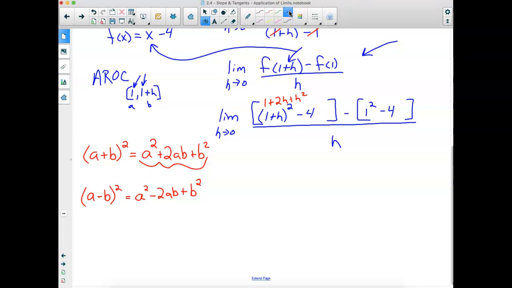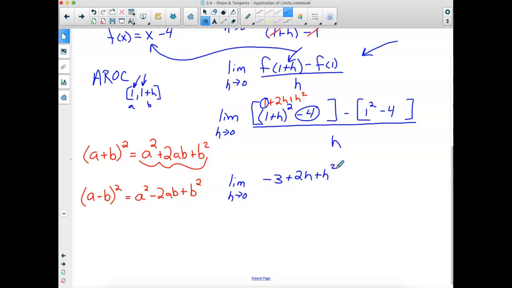I'll always do a lot of my math on top of my parentheses there so that I can look at the limit as h approaches 0 of, and I can see I can put my 1 and my minus 4 together, so I really have negative 3 plus 2h plus h squared.